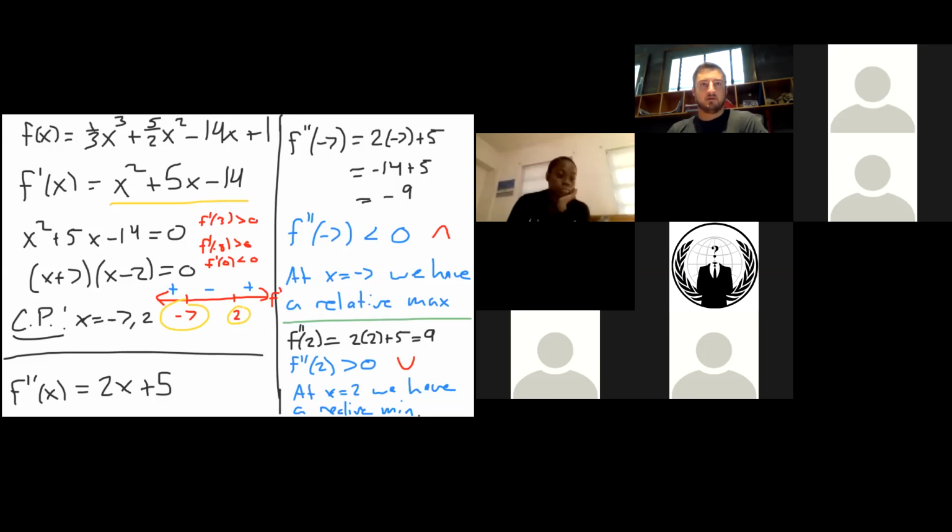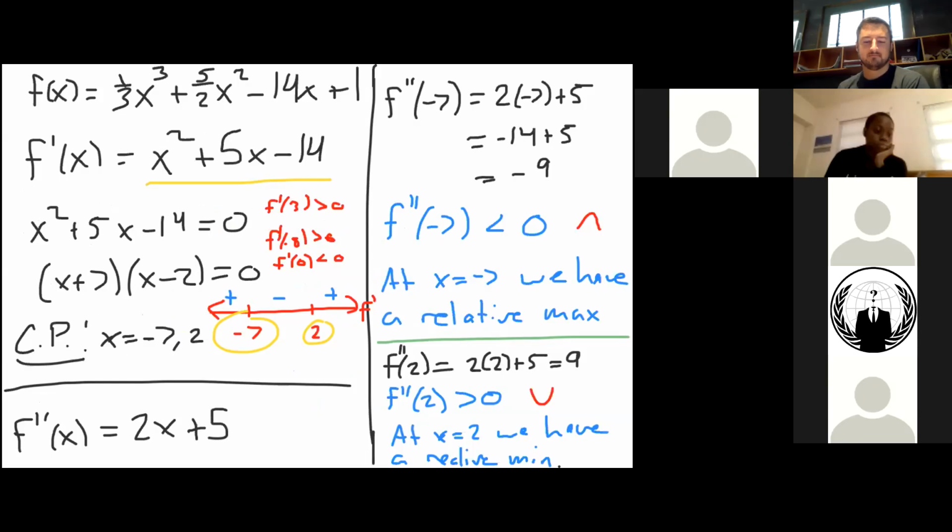Any other questions? I have a question. Yeah, go for it. Do you know the format of the final exam? Is it going to be written, online, or? Good question. I'm going to keep it the same. Hold on, when is the final?